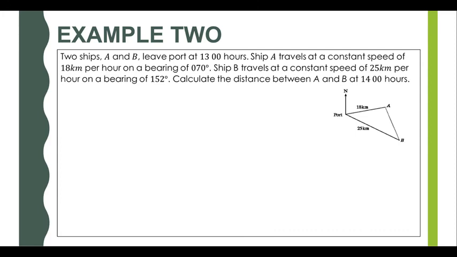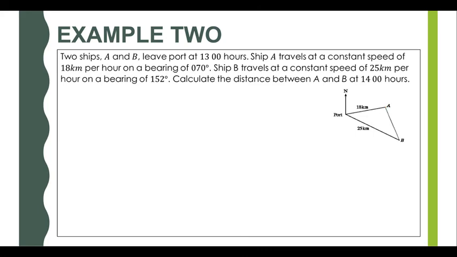In this question, we've already been given the diagram, so we can start off by labelling on the information that we know. So we've got the port, and two ships travel away from the port. Ship A travels at a constant speed of 18 kilometres per hour. For 1 hour it travels 18 kilometres.